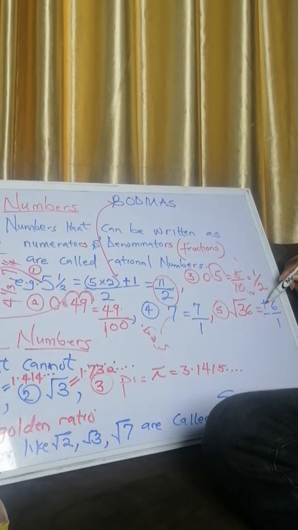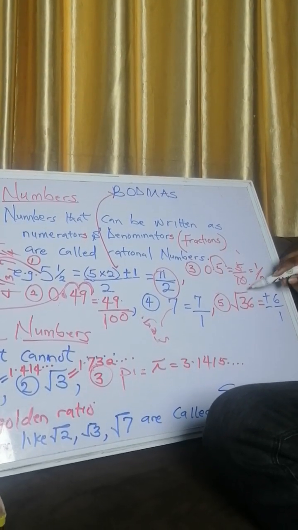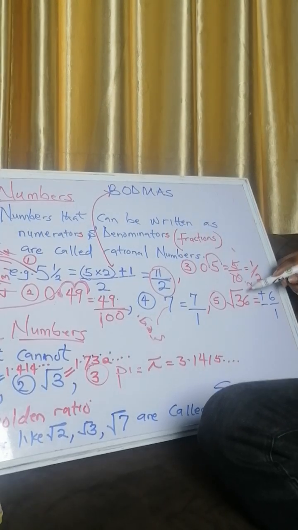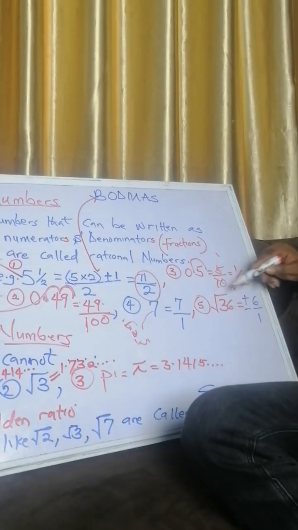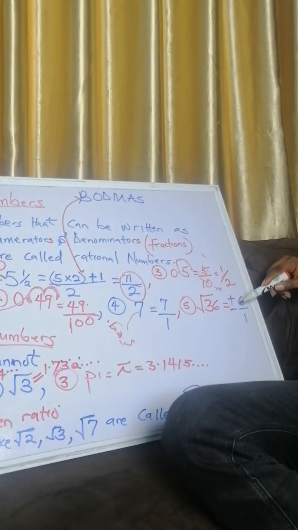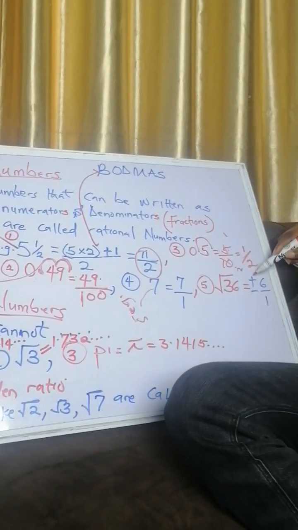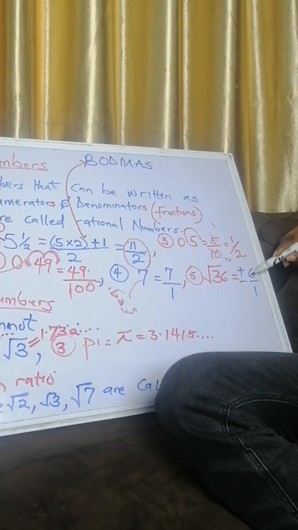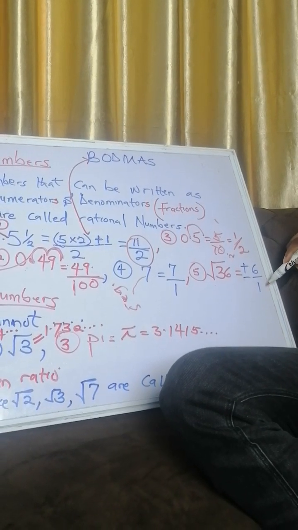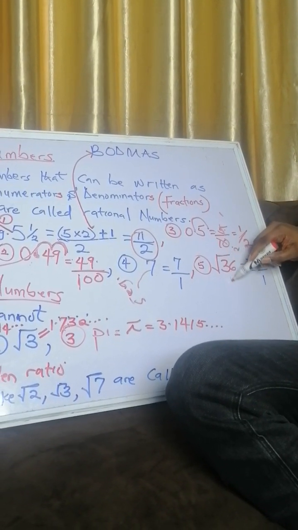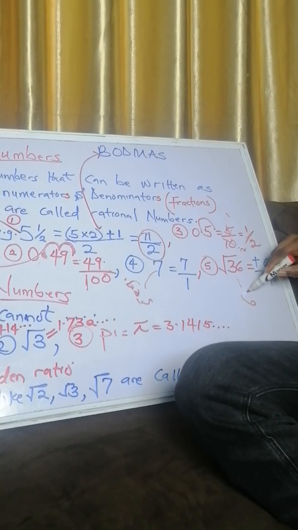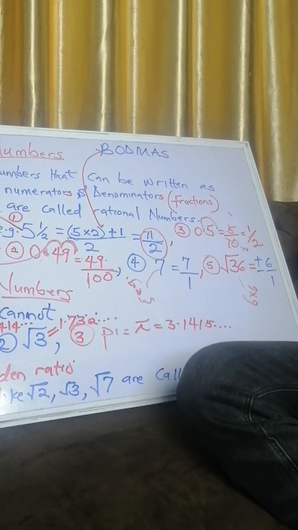Now before you remove these square roots, in surds it is very important. If you remove this square root, it's telling you that it's either plus or minus. As you are removing it, plus or minus 6/1. Square root of 36 is what? 6. That is 6 times 6 will give me 36.